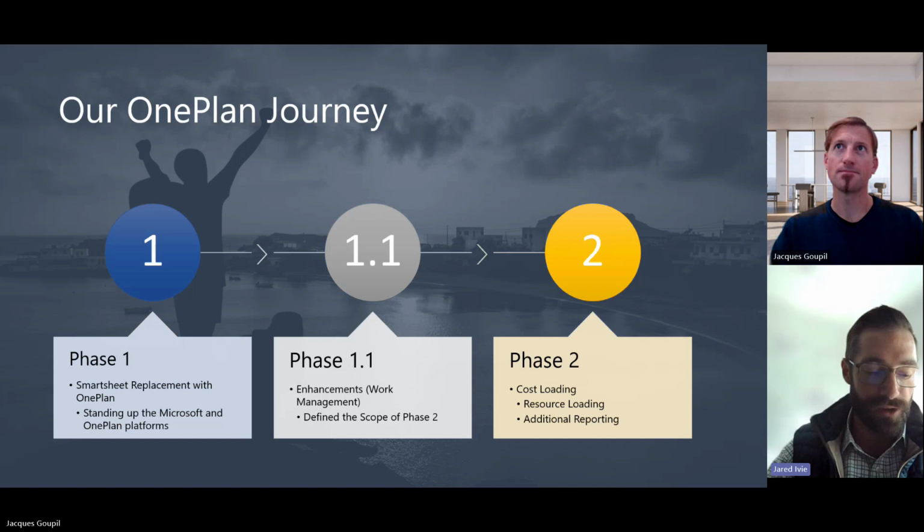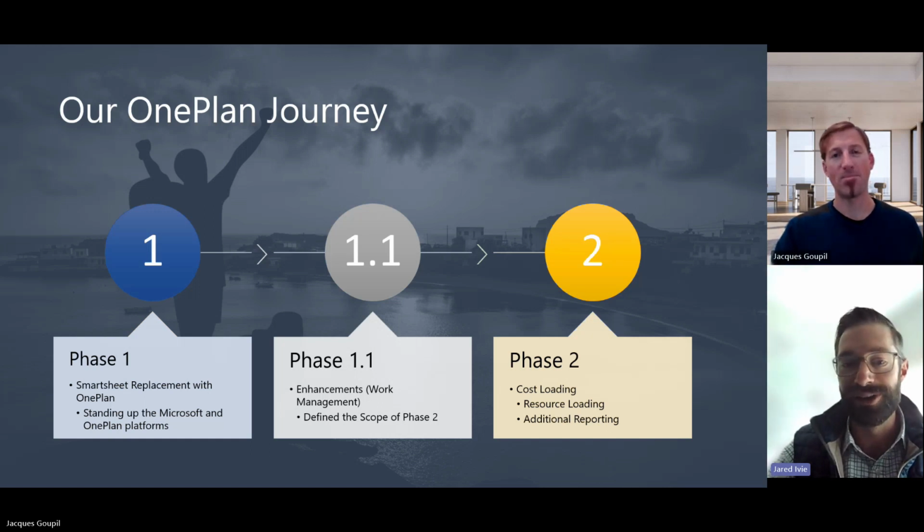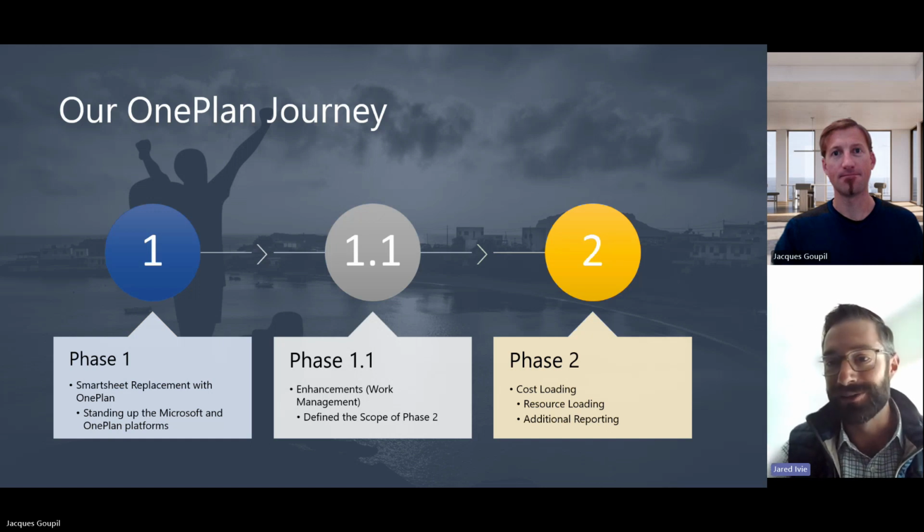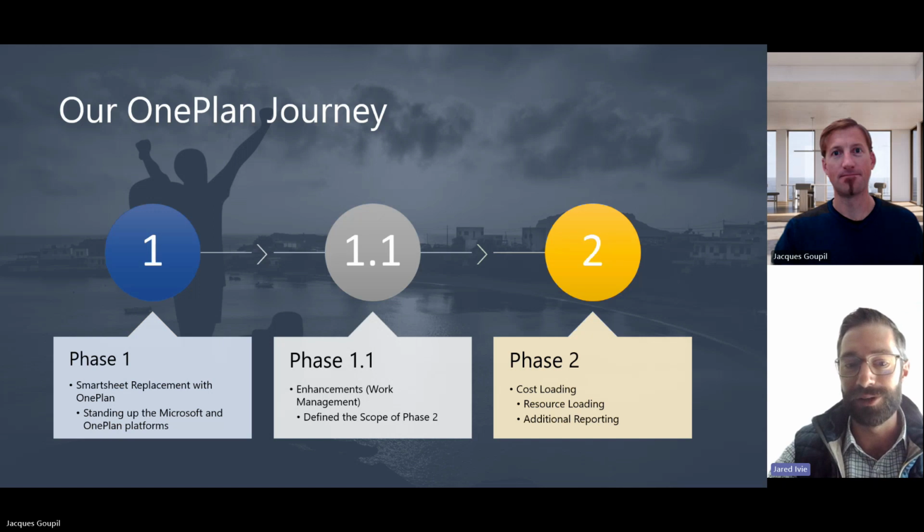So then after that, George led the build as well, and we got the build out, and we really started doing the migration from Smartsheet in and actually using the tool. And that was the end of phase one. We always knew there'd be a phase two, but we worked this phase 1.1 into the middle, which really was like, okay, it's up and running, but then the key is always you got to make sure you use it, right? You got to get everyone using it. You got to get the whole team adopting it.